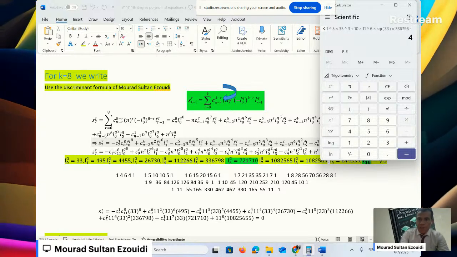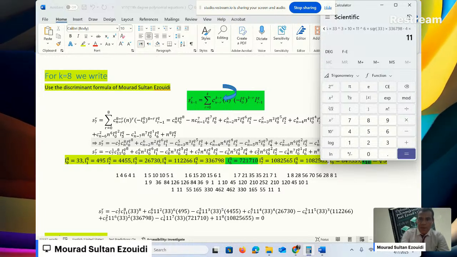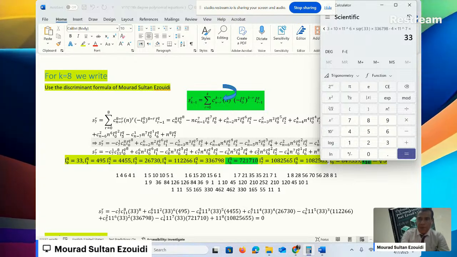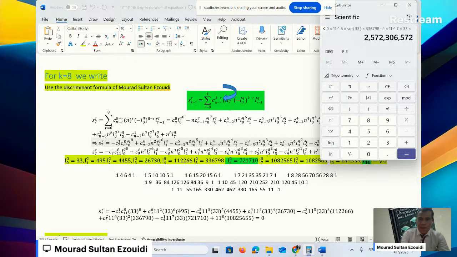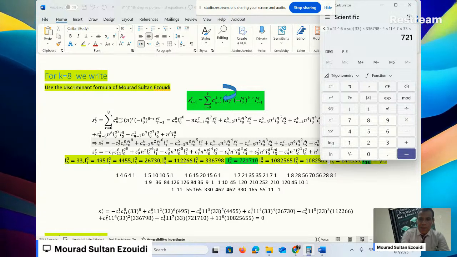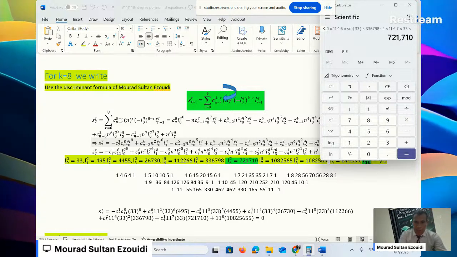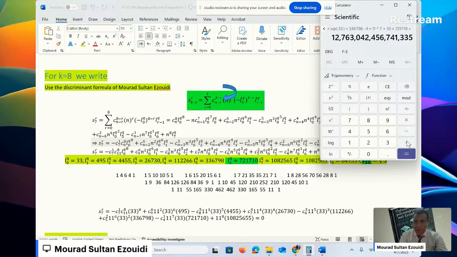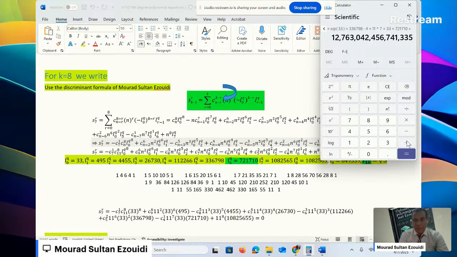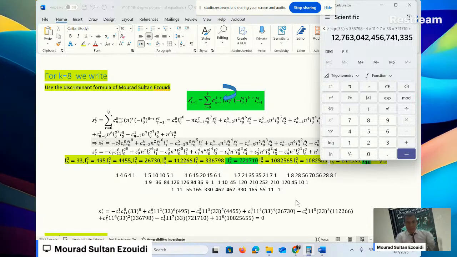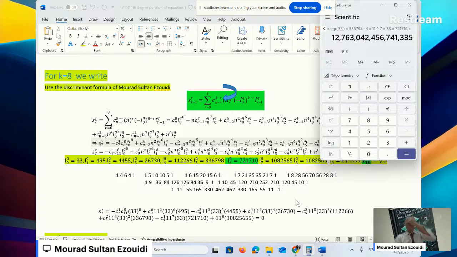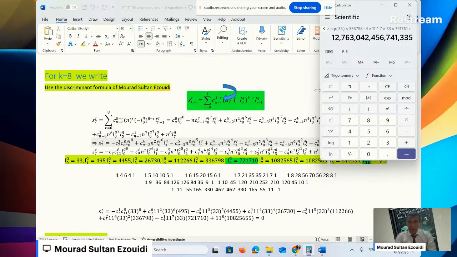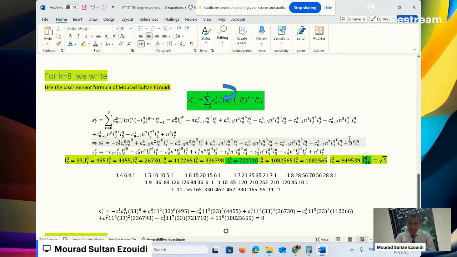Minus 4 multiplied by 11 raised to the power 7, multiplied by 33, multiplied by 721,710 again. Then plus 11 raised to the power 8. Okay, that's 1.